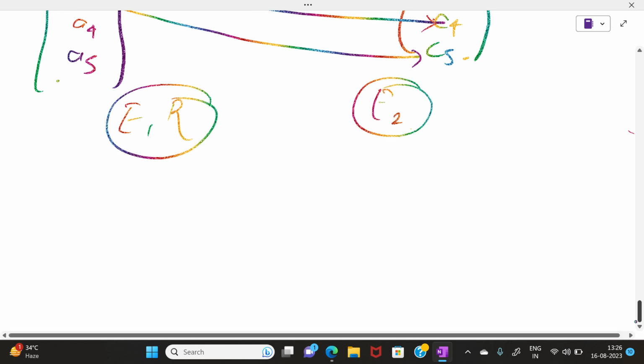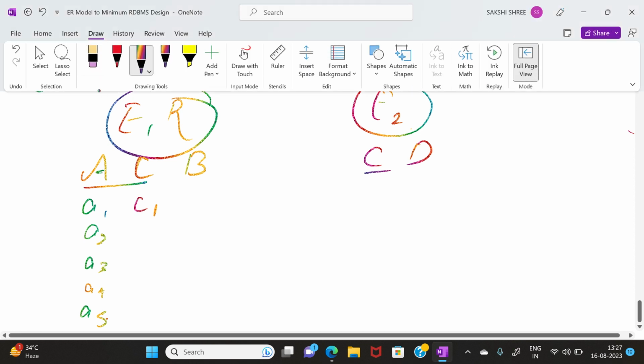So let's combine E1 and R and E2. Okay, so let's see what happens. A, C, B and C and D. So here it will be A1, A2, A3, A4, A5. We need to consider all the scenarios.